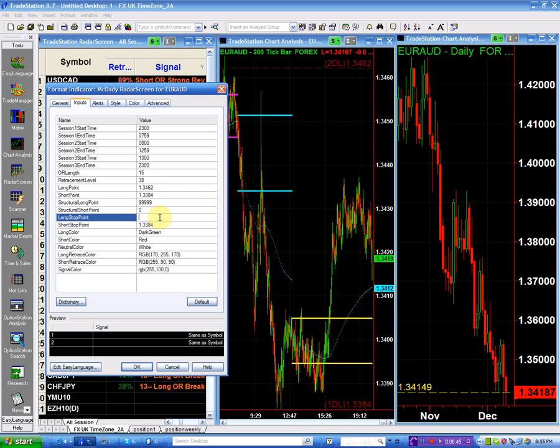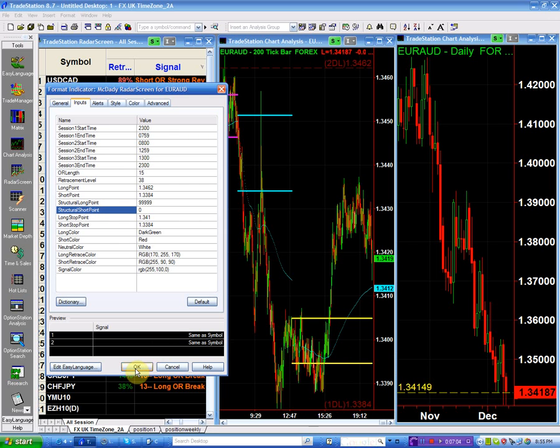So your long stop is going to be 134.12, which is right below the market side. I'll make it 10. Okay, the structure long is La La Land, so I'm going to leave it. The structure short is also La La Land. There's nothing but air underneath it, so I'm going to leave it.